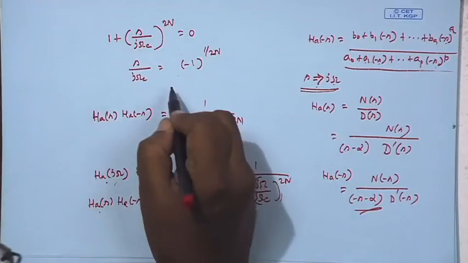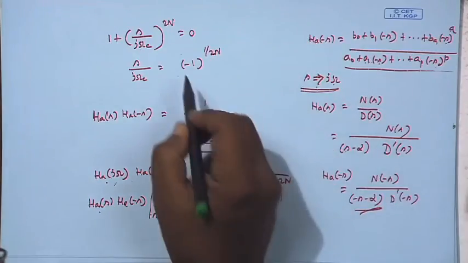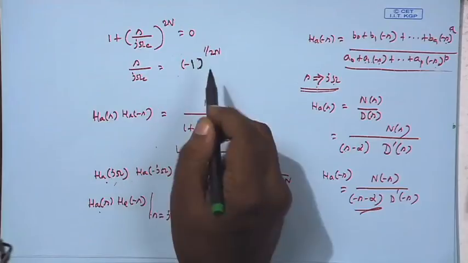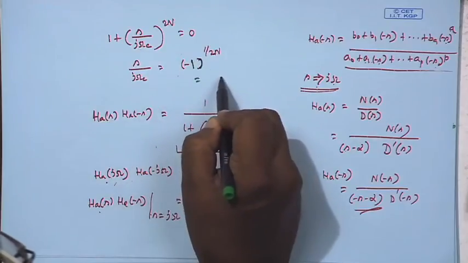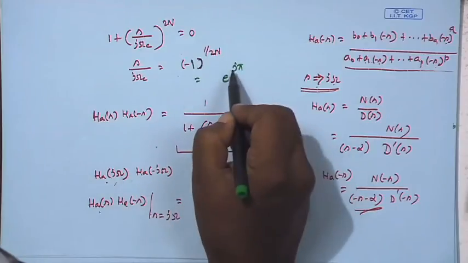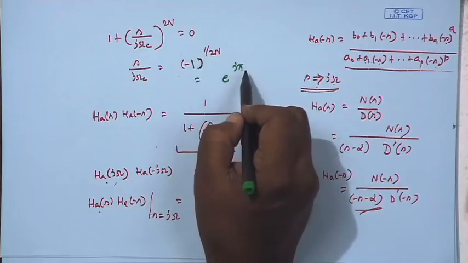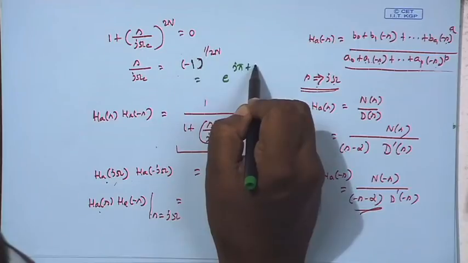Now, minus 1 you can write as e to the power j pi, and then e to the power j pi plus 2 pi, pi plus 3 pi, pi plus 4 pi, like that. In general, pi plus 2 k pi.